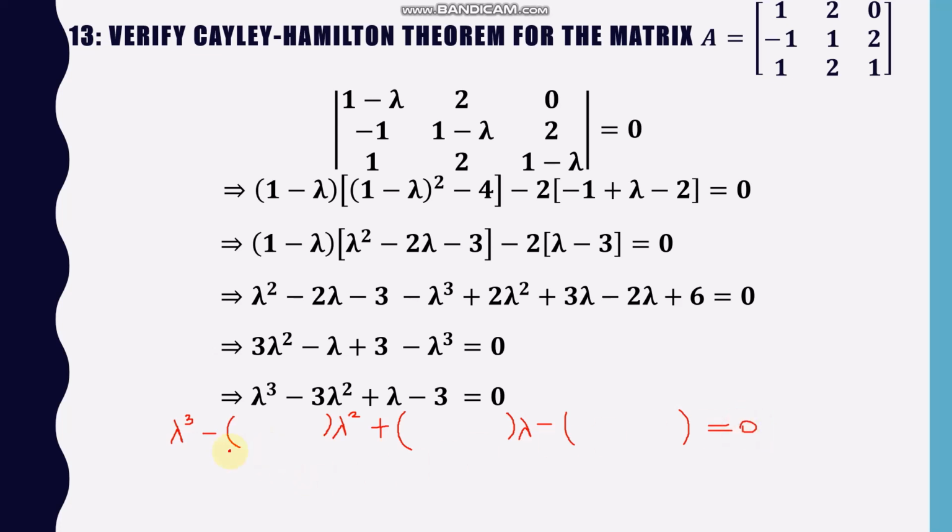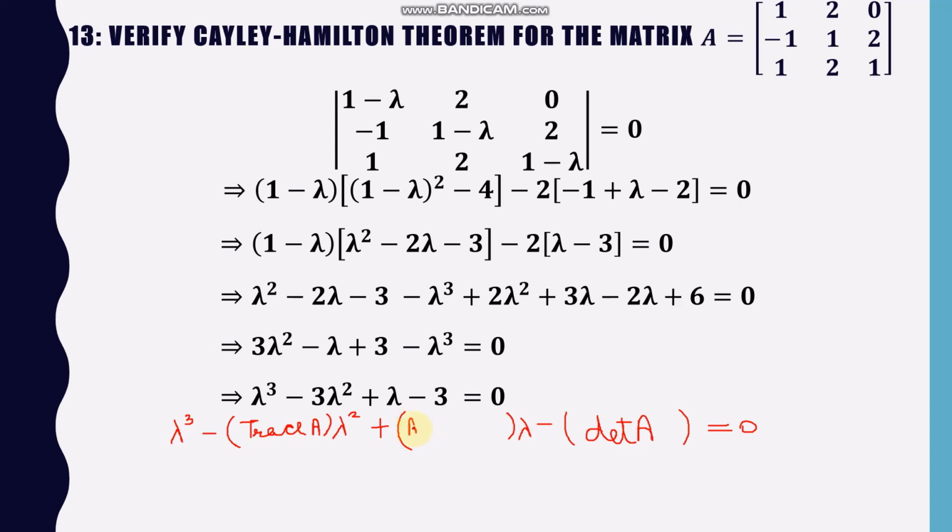Now the coefficient of lambda square here will be the trace of the given matrix A, and the constant term will be the determinant. The coefficient of lambda will be the sum of cofactors of the diagonal elements of the given matrix.